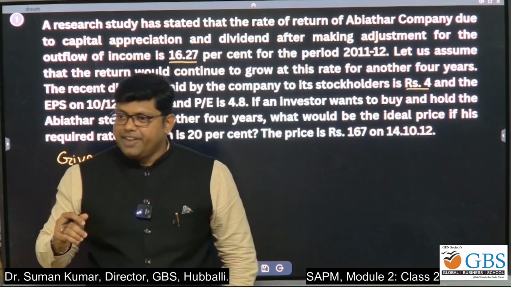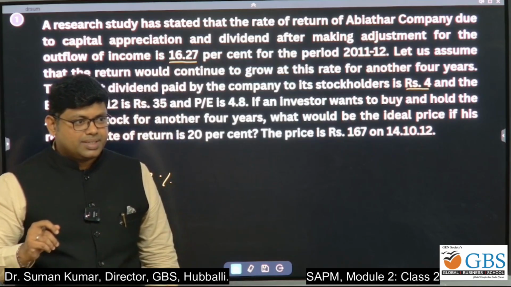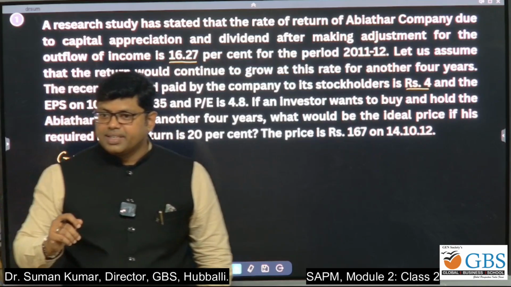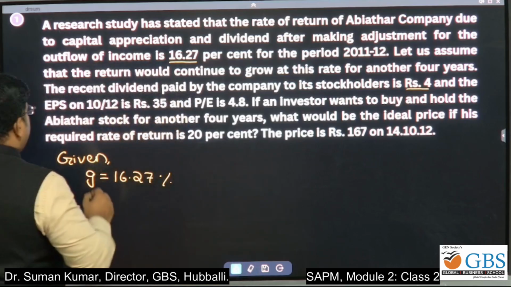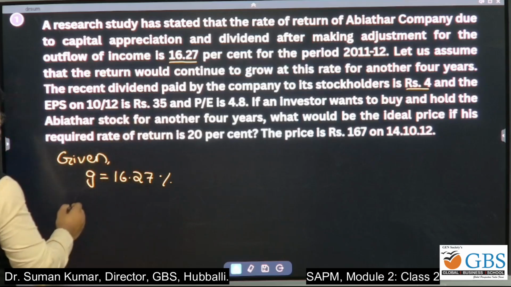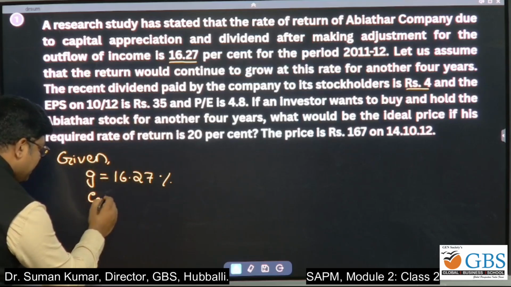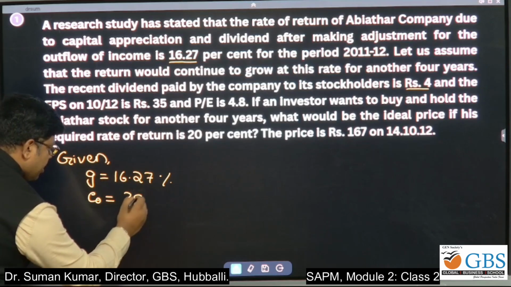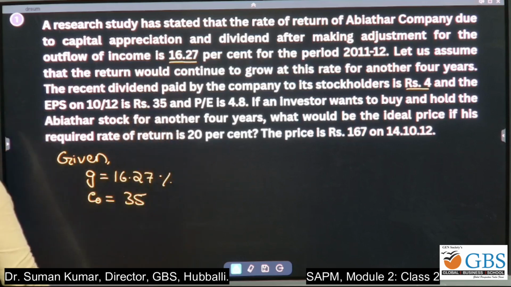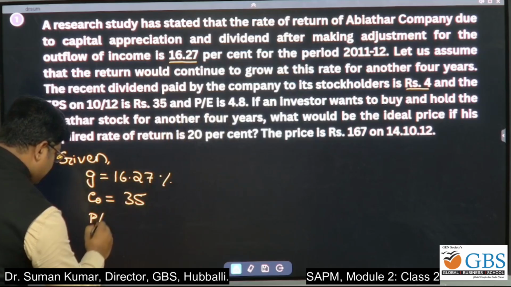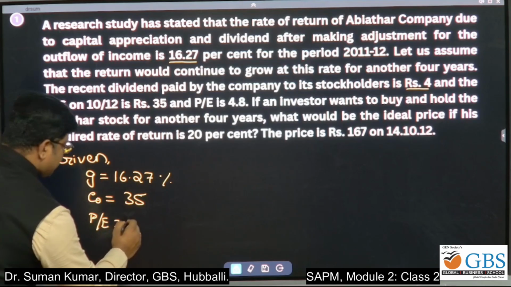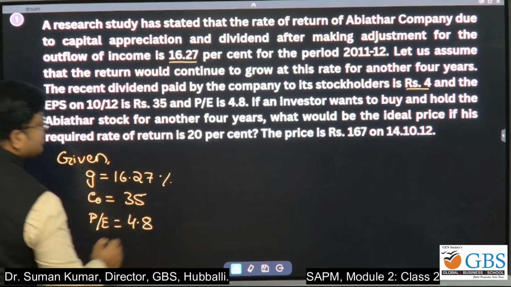One is dividend payout, D by E, and even EPS. E naught is equal to 35 rupees. And the P/E ratio, how much? 4.8. Directly they have given.